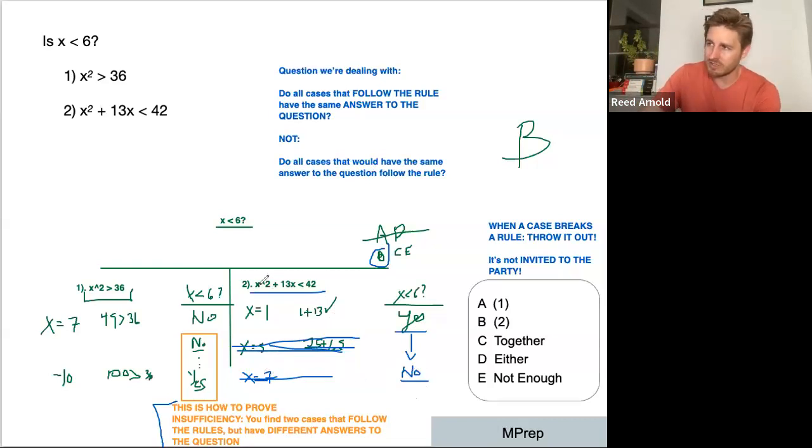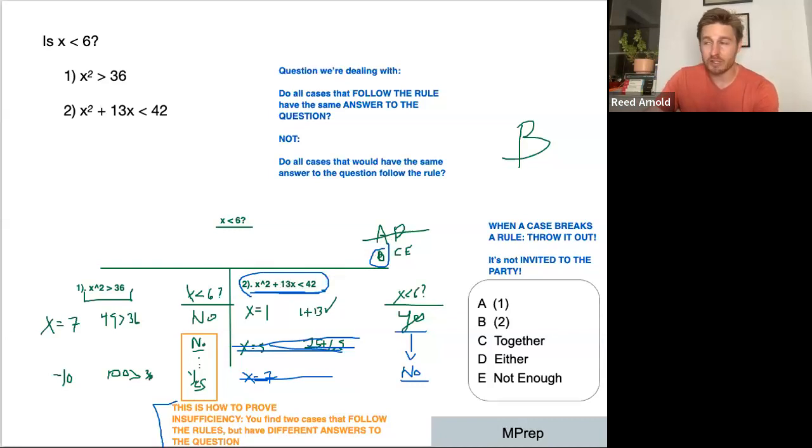Every number more than 6 is going to break this rule badly. This rule constrains you enough so that the only cases invited are less than 6. Again, that doesn't mean every case less than 6 is invited, but the ones that are invited are less than 6. And so the answer to this question is B.